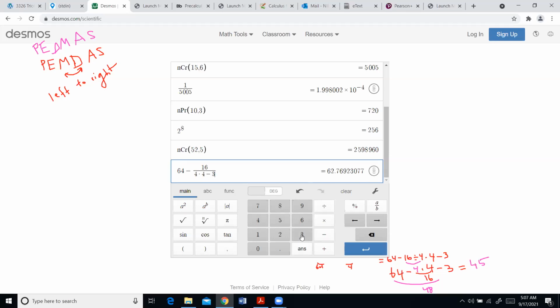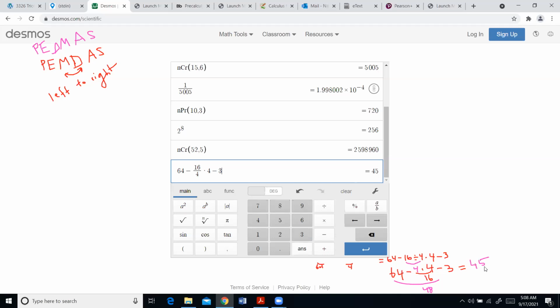Look at what I'm going to, well, no. See, I wasn't careful, I was kind of hurrying. Let me clear this out, because the calculator actually shows what I'm entering. So when I divide 16 by 4 and then put times 4 here, and then minus 3, the answer is indeed 45.